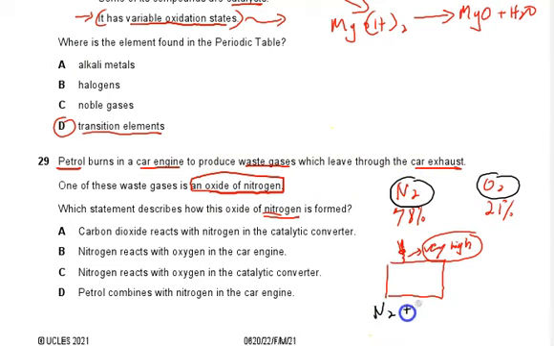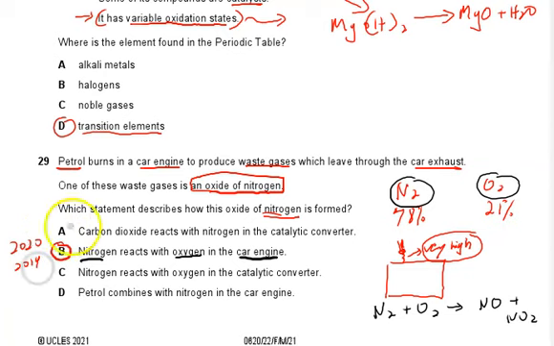So they will be combined over here to form the oxides of nitrogen. It happens inside the engine. So nitrogen reacts with the oxygen in the car engine. This is the answer. Please remember this. It could come out in 2020 and also 2019.